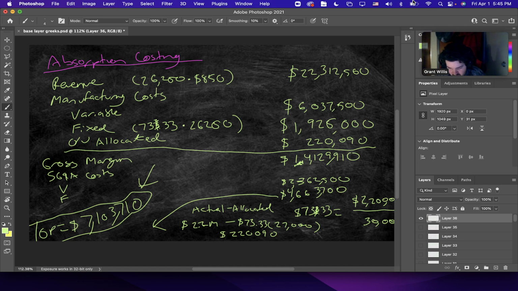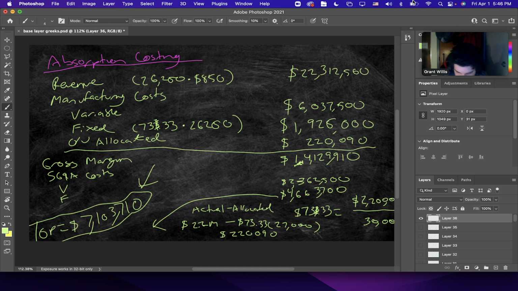And then the fixed one is just the given number that we have, right? Yeah. Let's see, SG&A. Is that the marketing and administrative costs added together? Yeah.